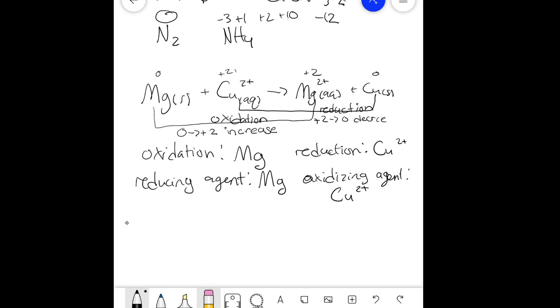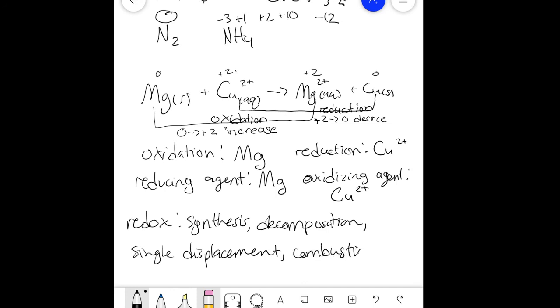I will note that redox tends to only happen on synthesis reactions, decomposition reactions, single displacement reactions, and combustion reactions.